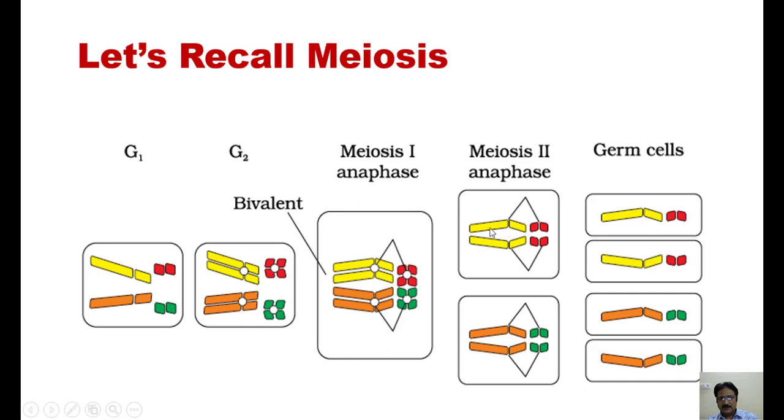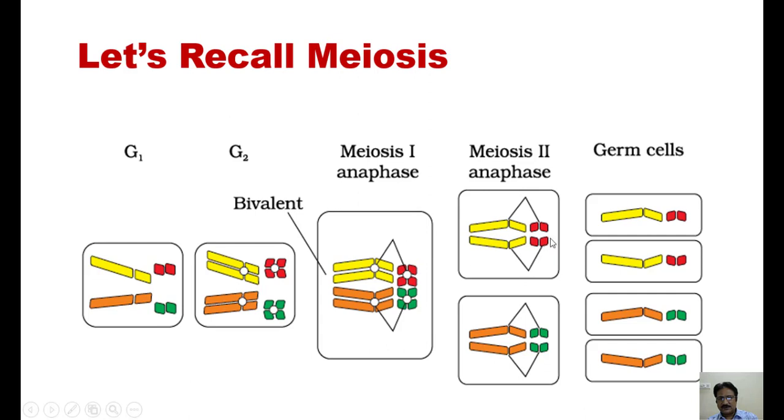So one yellow chromatid goes to this pole, another yellow chromatid goes to this pole. One red chromatid goes to this pole, one red chromatid goes to this pole. Similarly, it happens in the case of orange and green also. So one orange chromatid and one green chromatid go to this pole and the others go to this pole. This results in anaphase 2.